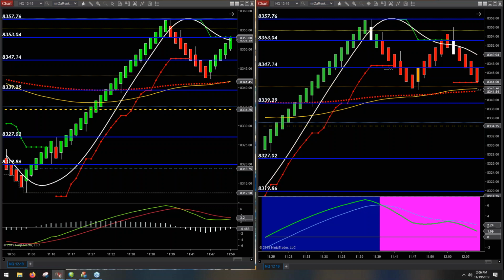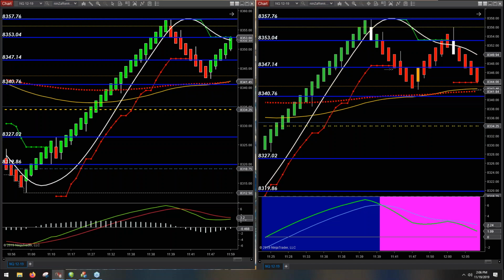39 area. But what we don't want to ignore is that if you look at this on your 5-minute, what I do is I'll keep adjusting my support resistance areas as they're created on the 5-minute chart.